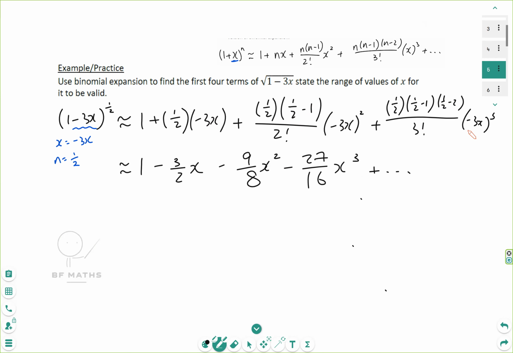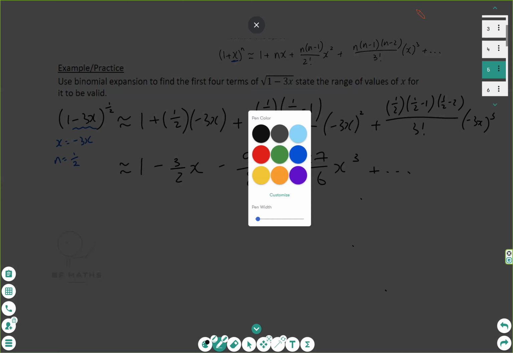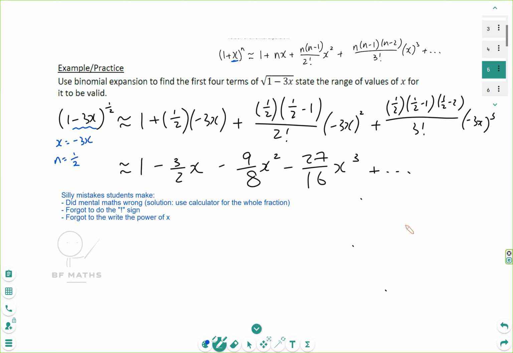Third silly mistake, they forgot the x squared, like what I just did. Okay, x squared and x cubed. So I do want to write down these 3 silly mistakes you make. They did math wrong. They forgot to include the factorial sign, so either like what I do, 3 times 2, or they just use a factorial sign, or they forgot to include the power of x.